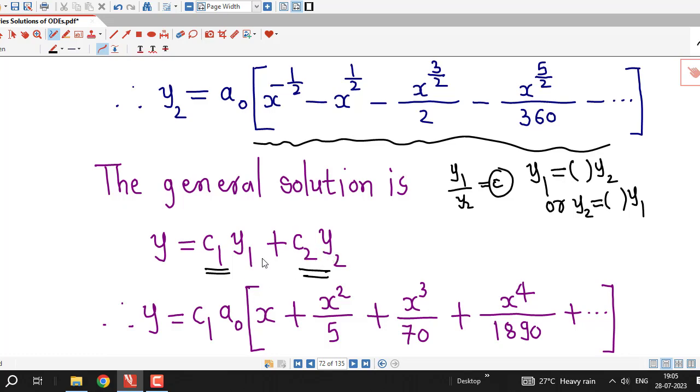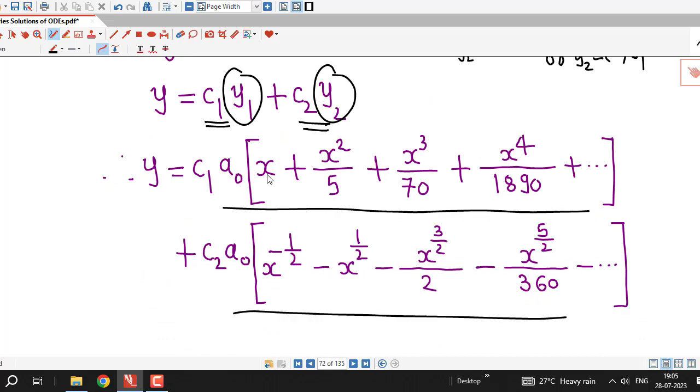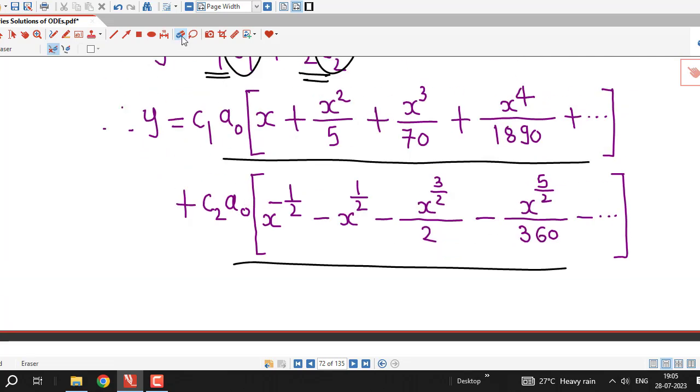and therefore we can write the general solution as a linear combination of y1 and y2. So I have put values of y1 and y2 here, which I have obtained. Here a0 is an arbitrary constant, so if you wish you can select a particular value for a0. You can choose a0 equal to 1, or you can combine these two as a single constant.